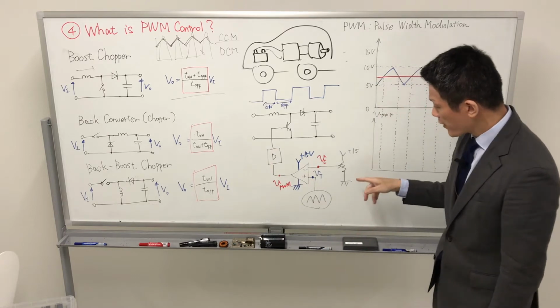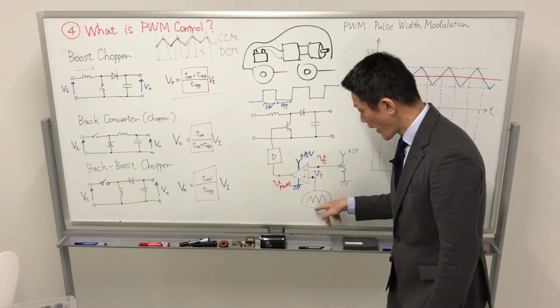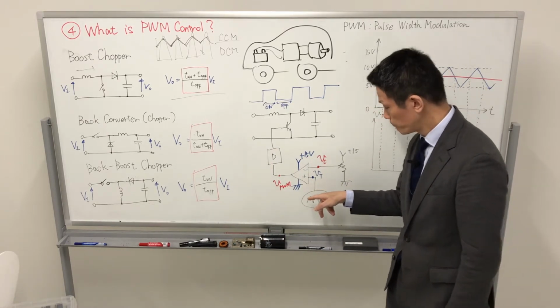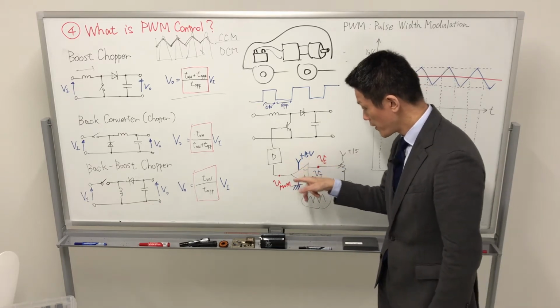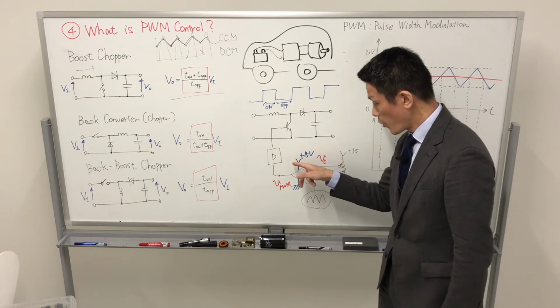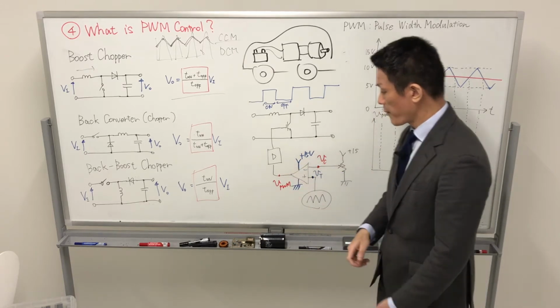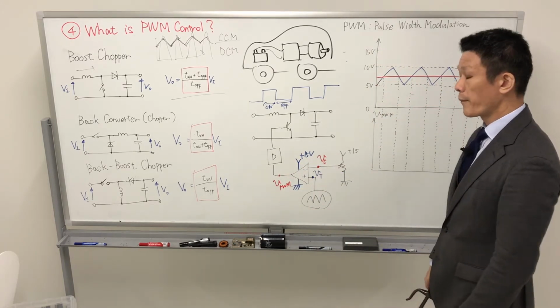So we will use a triangle waveform and compare it. We can obtain this PWM waveform.